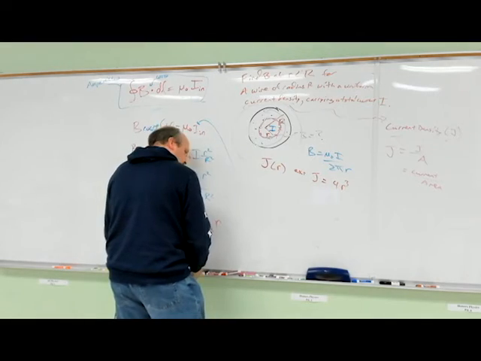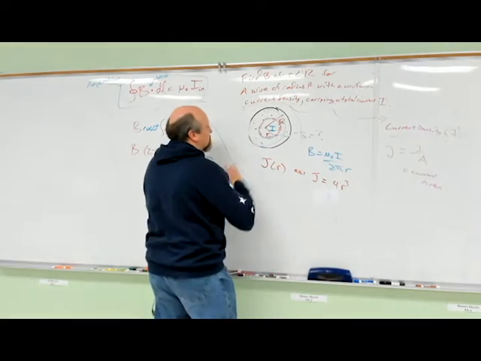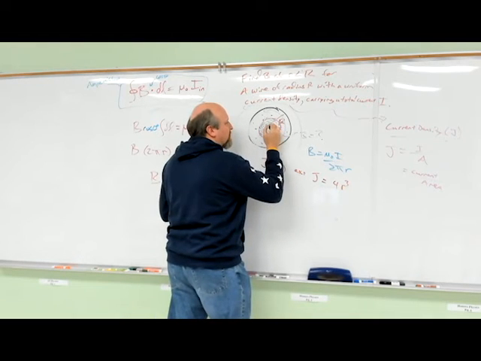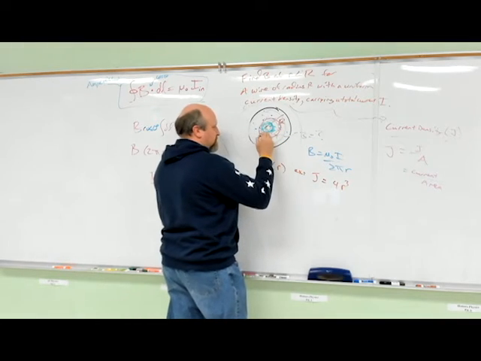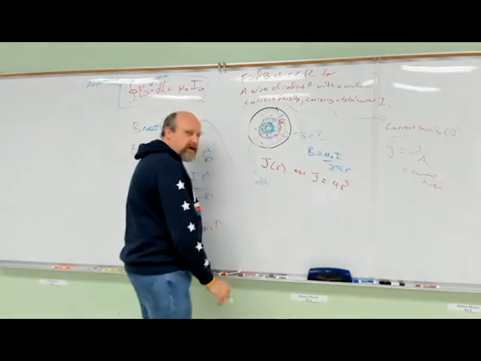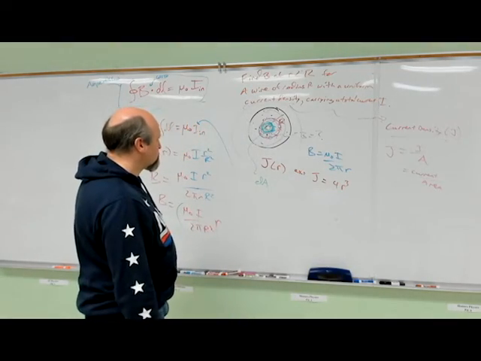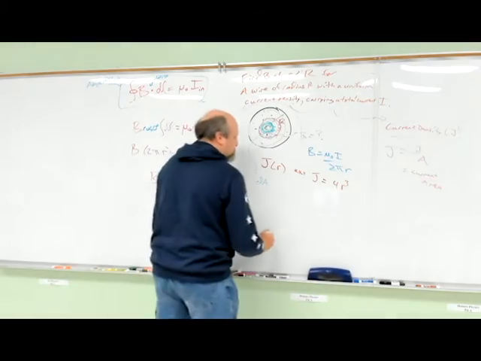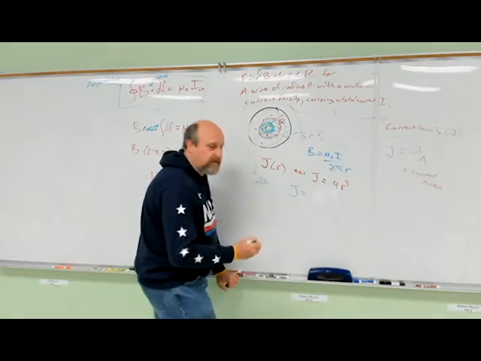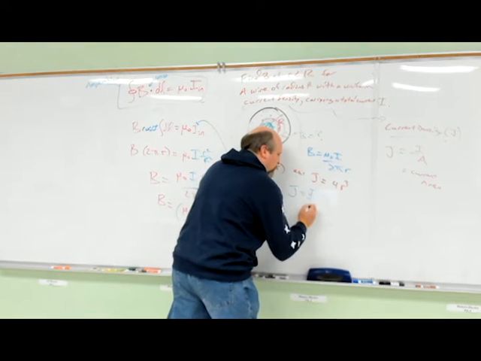We're going to slice it up like slice, slice, slice, slice, right? And we're going to have to find the current in one slice going around. That slice has a little dA, a little d area. You say, what's the area of that slice? Because what I'm getting here is that J is the current per area.